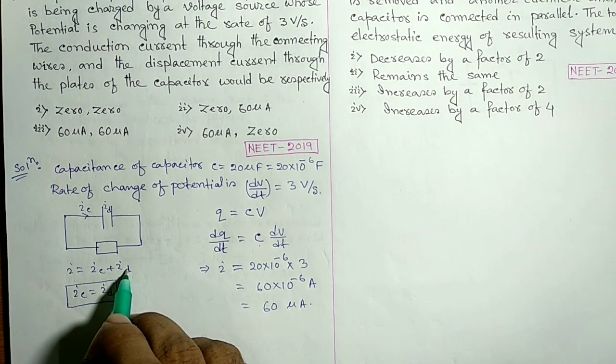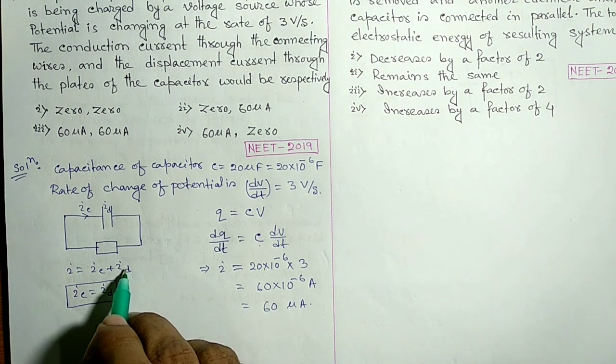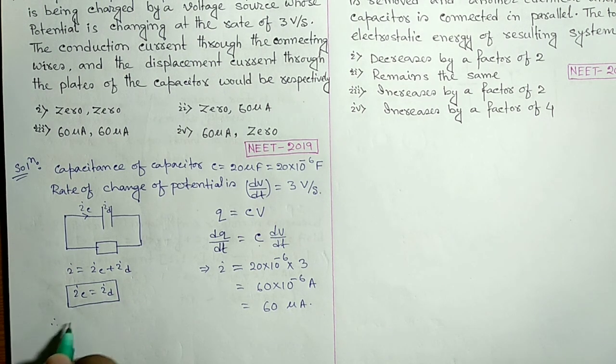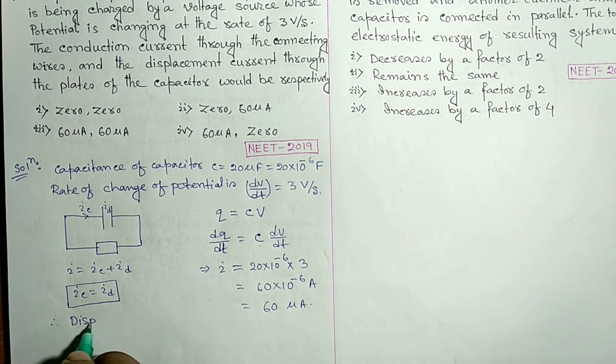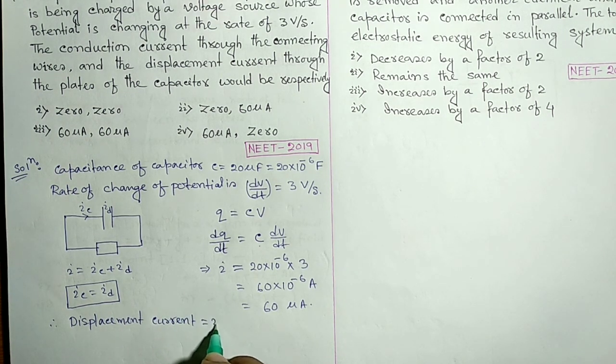So IC is equal to ID. Therefore, the displacement current ID is equal to the conduction current, which is 60 microampere.